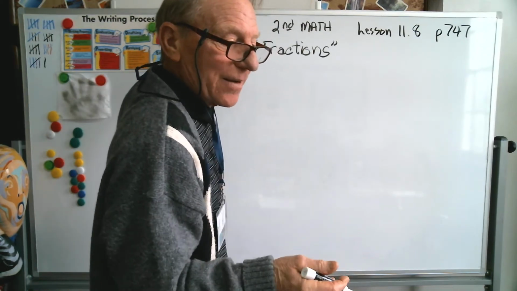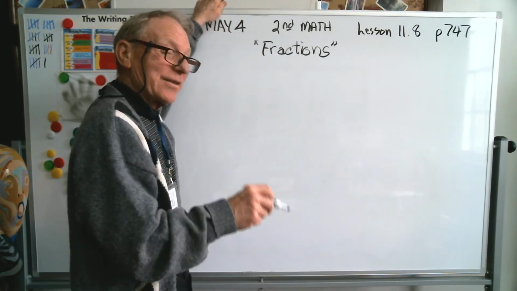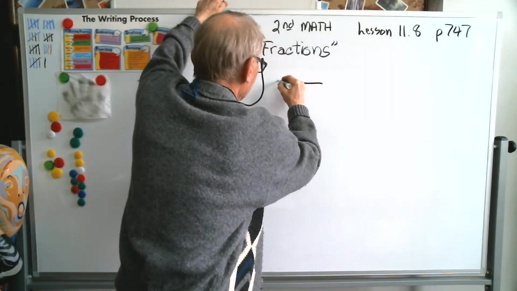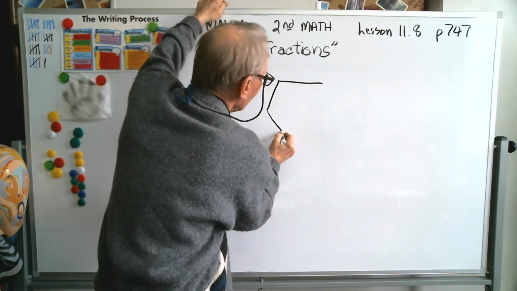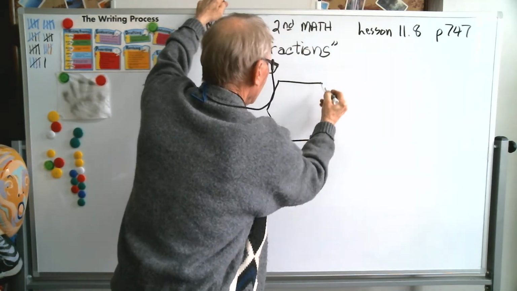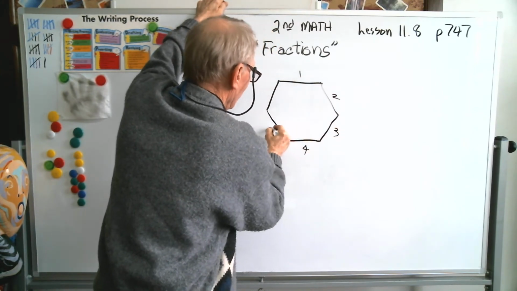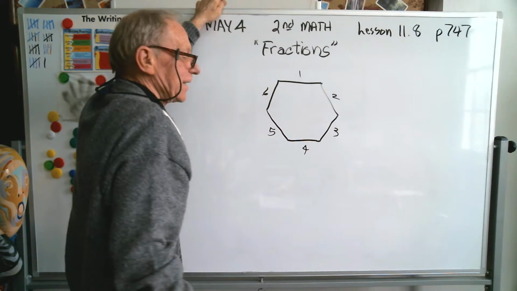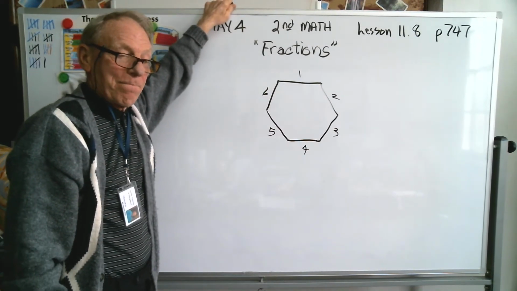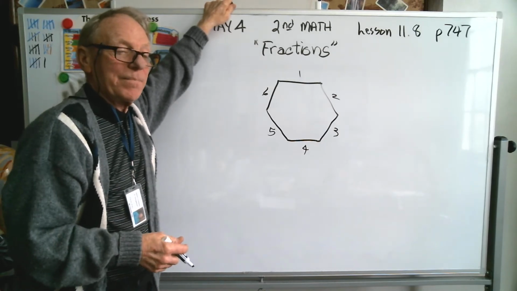A hexagon, if you remember, is a shape that has 6 sides. And the traditional hexagon looks like this. You got 1, 2, 3, 4, 5, 6 sides. And each side is the same length.